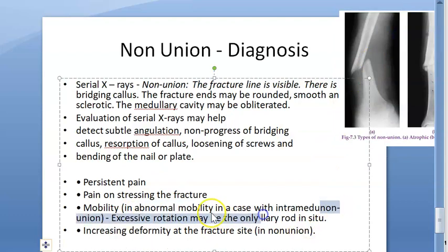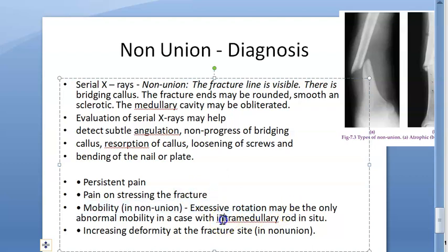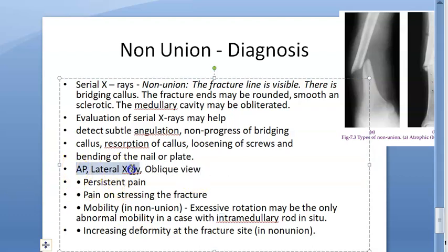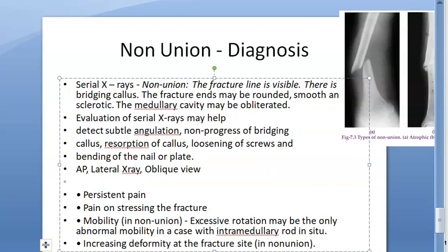So excessive rotation may be the only abnormal mobility, if it is an intramedullary rod that you have put and still it is not uniting. So not only AP view and lateral X-ray, you may also need an oblique view which is done under fluoroscopy, okay? Then if you want to check the mobility, you can demonstrate it by stress X-rays, weight bearing X-rays, or a 3D CT scan, okay?